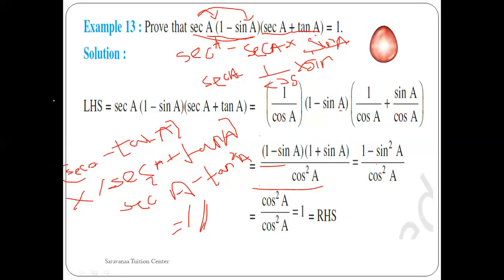Then cos square A equals 1 minus sin square A. Then you need to substitute cos square A in the place of 1 minus sin square A, and when you cancel it, you get 1. So this is another method.